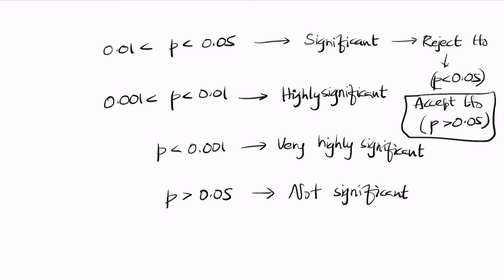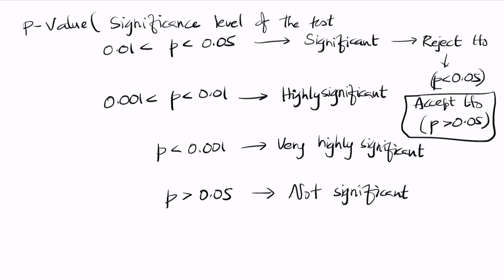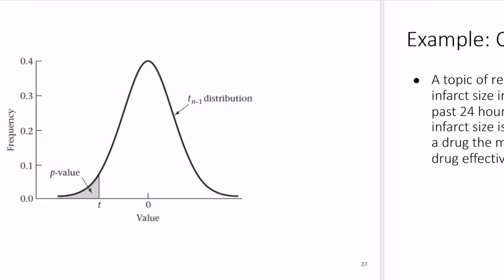So the p-value in general can represent the significance level of the test. It can tell you about the significance level of the test. That's why it is a good measure of alpha, the probability.